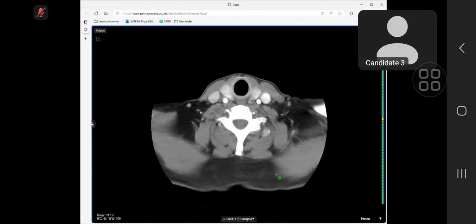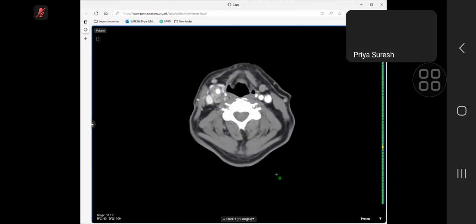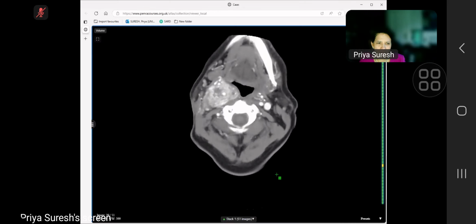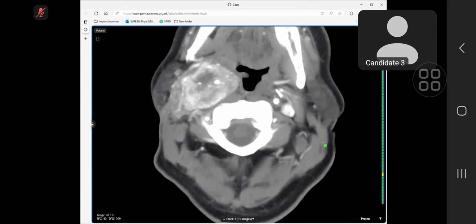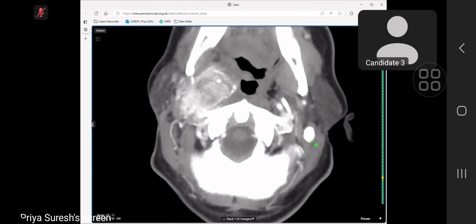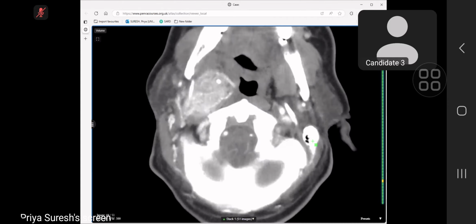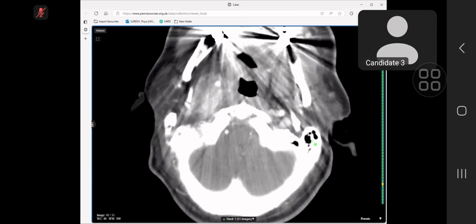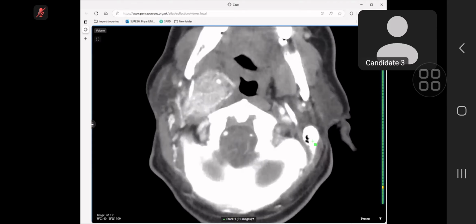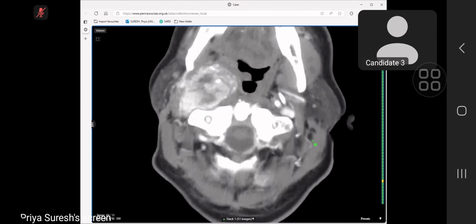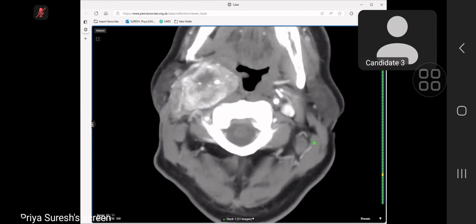Yes, this is completely encircling and causing displacement of the carotid vessels, no definite vascular invasion, and there is mild circumferential narrowing of the lumen of the right common carotid and internal carotid artery.